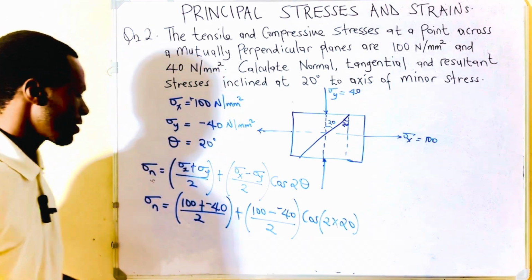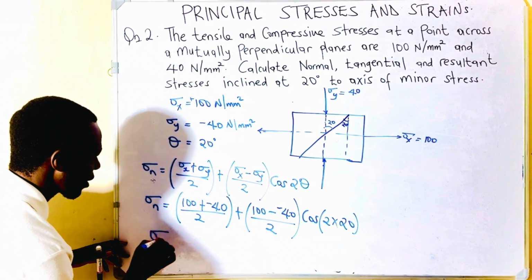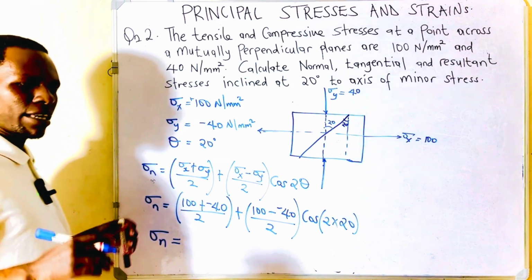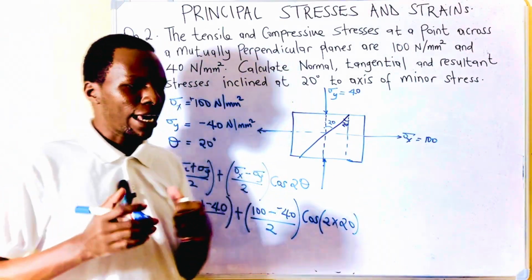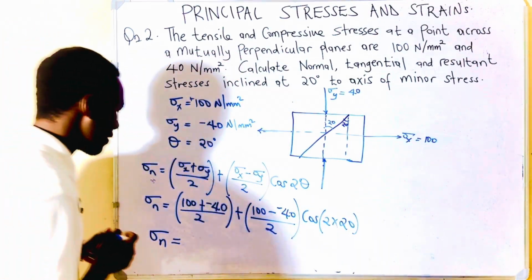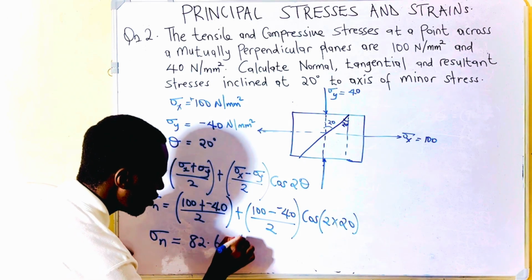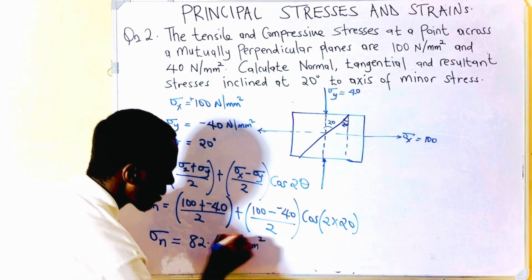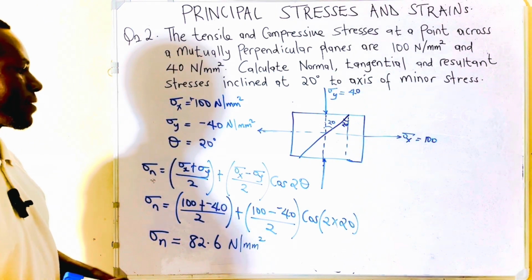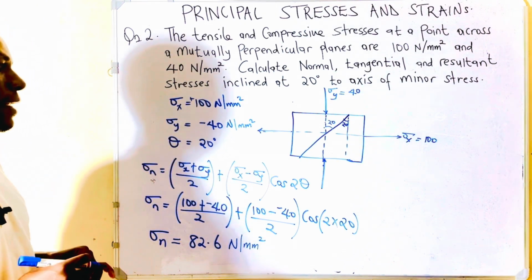You just enter this in your calculator and you get the value of sigma n. According to my calculator, I have 82.6 Newton per millimeter square. So this is how we calculate sigma n.